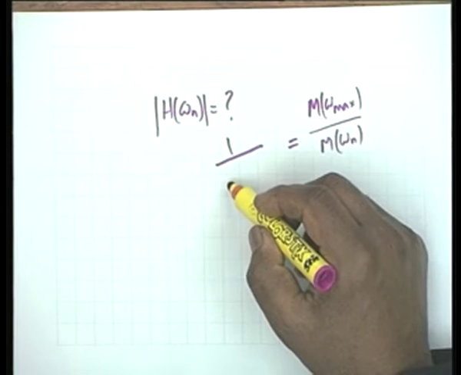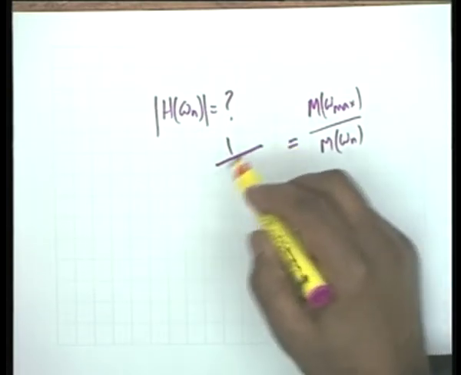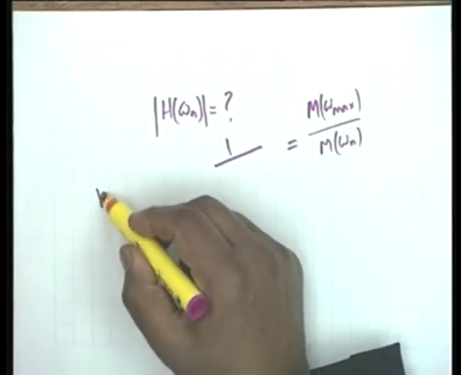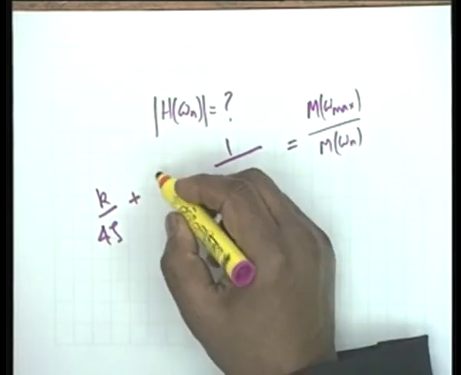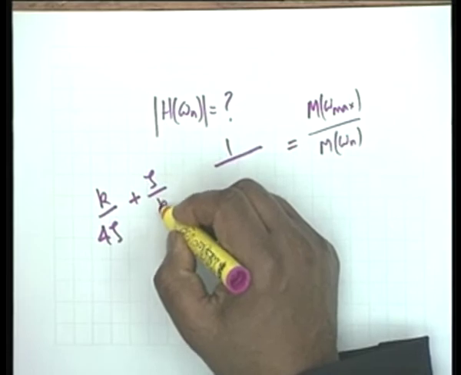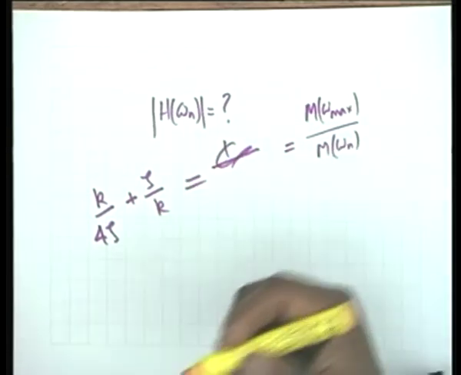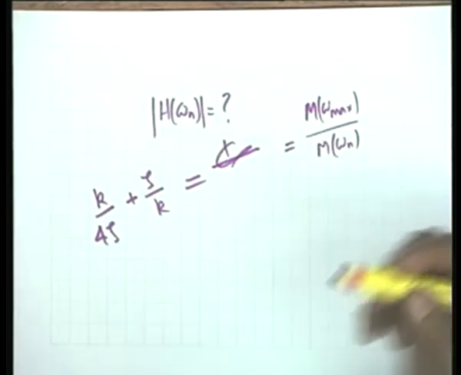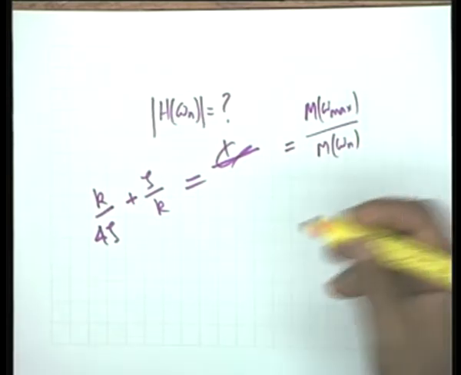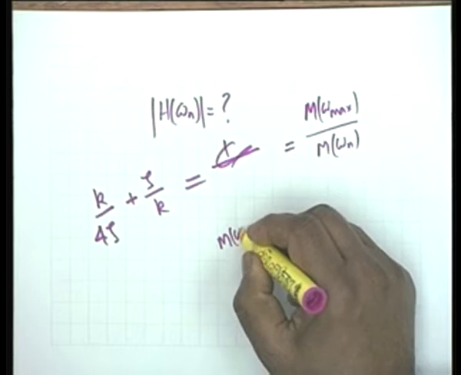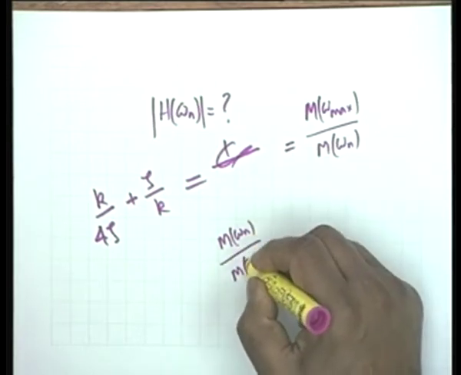And what was the value? K by 4 zeta plus zeta by k. Okay, now let's check this. Alright, compared to the maximum, or we take the other way around, that is M omega n divided by M omega max.